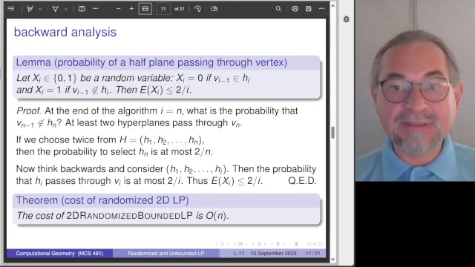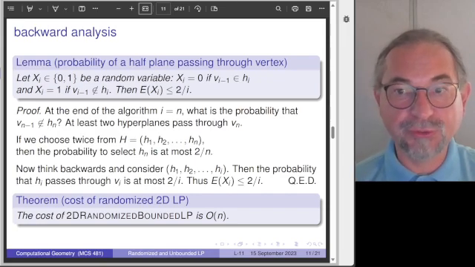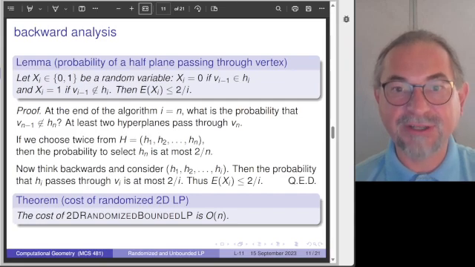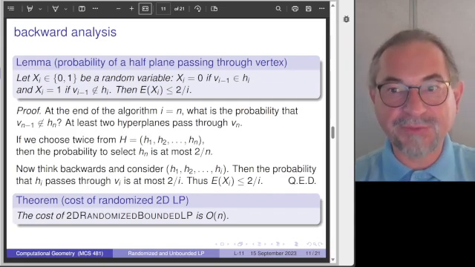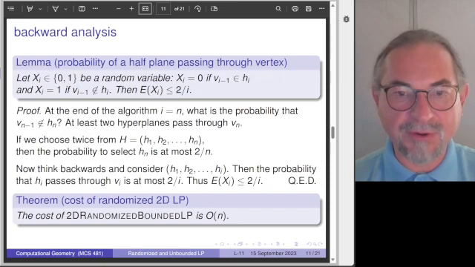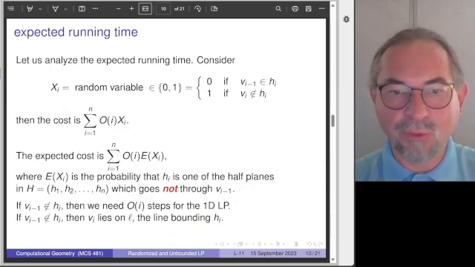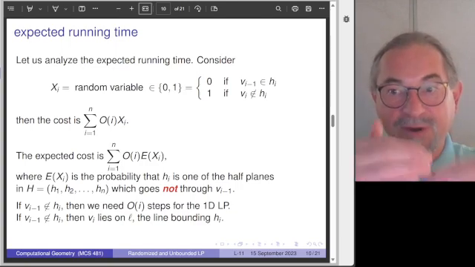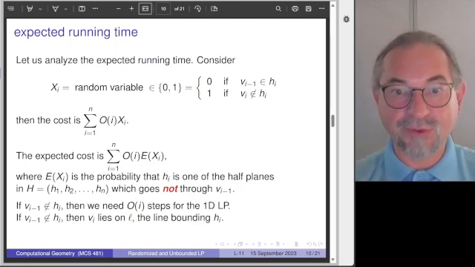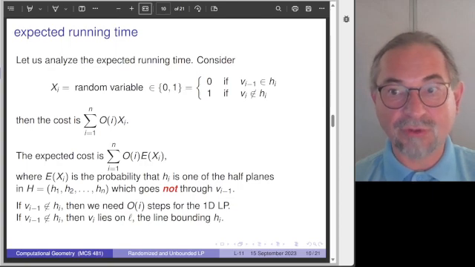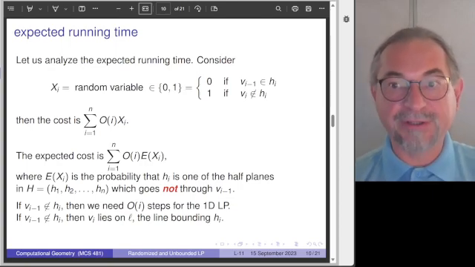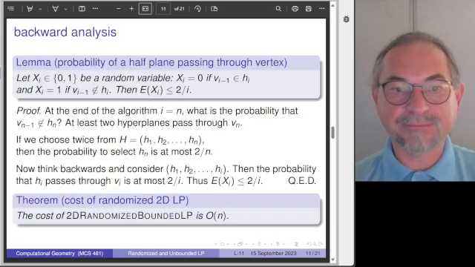So this expectation is 2 over I, and this reduces the cost to a linear cost. So I should probably go back. We have this formula here. We have something of the order I, but then we divide by I, and 2 is a constant. So the expected cost is of the order n. So that's the point.